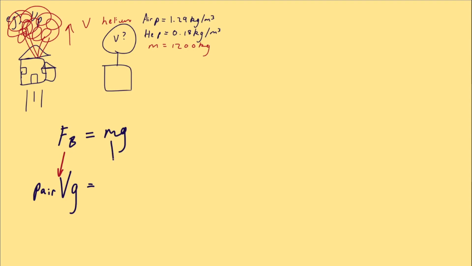And the mass of this total system would be the mass of the house plus the mass of the helium balloon. This volume represents the helium inside the balloon. And this is multiplied by gravity as well. But we can cancel that out. So that's the equation we're left with.